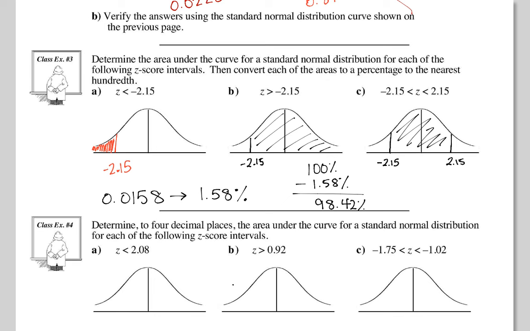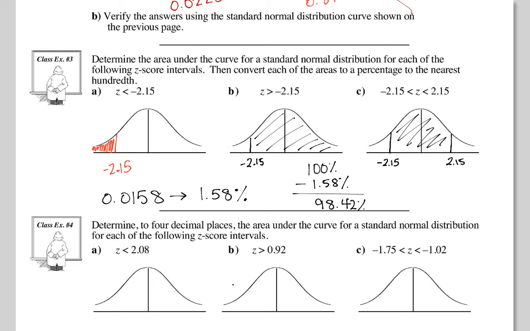Very good, Olivia, you're bang on. Now, for the negative 2.15, when you use the chart, you get that area, right? So how could you get the stuff in between? Good. So it's like area big, take away area small.